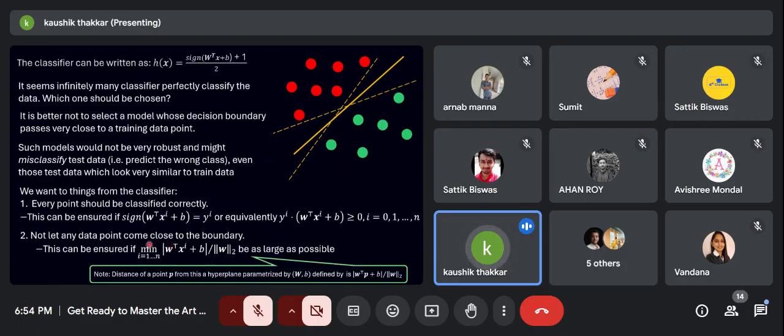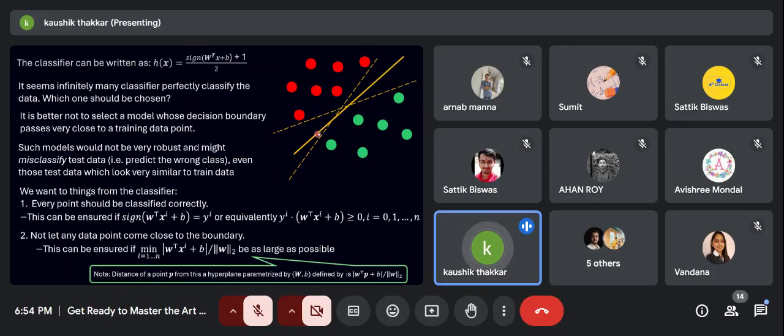The distance of the closest training point from the decision boundary should be as large as possible, right? So we want to maximize this complete quantity, subject to the fact that we have correct classifications for all the points. I hope you understand this. What we are trying to do is find a decision boundary.